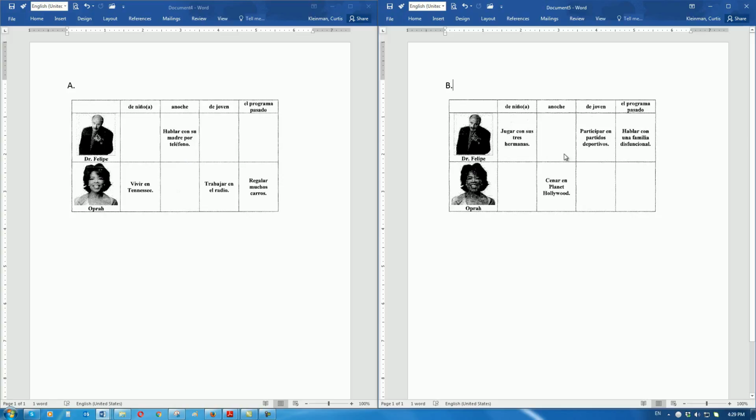Student B will ask student A about this information, and student A will tell him, then student B will fill it in. The goal is to fill in all of the missing information through interacting only in Spanish. Once again, this contributes to active learning, to highly contextualized, meaningful interactions, and it's what Quality Matters is looking for.